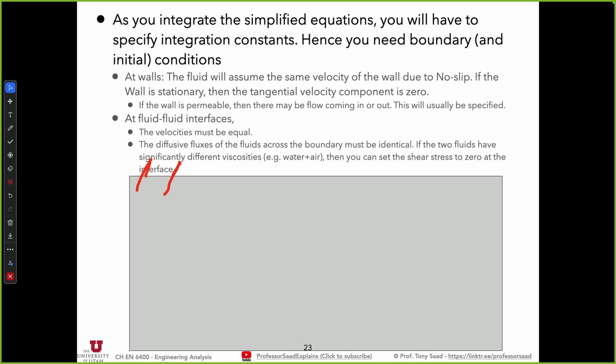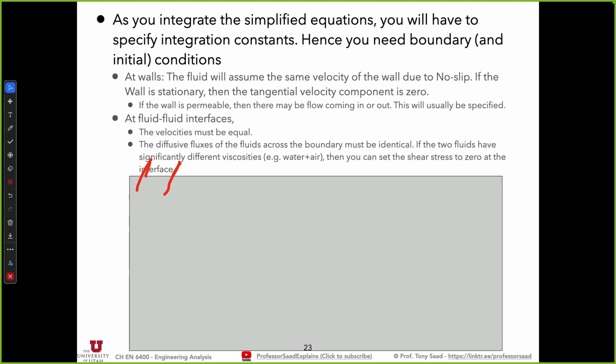And once we hit that problem, you'll see what that entails. And normally, if you're lucky enough, you're dealing with two fluids with vastly different viscosities, like water and air, okay? The viscosity of air is about 5 orders of magnitude lower than the viscosity of water.